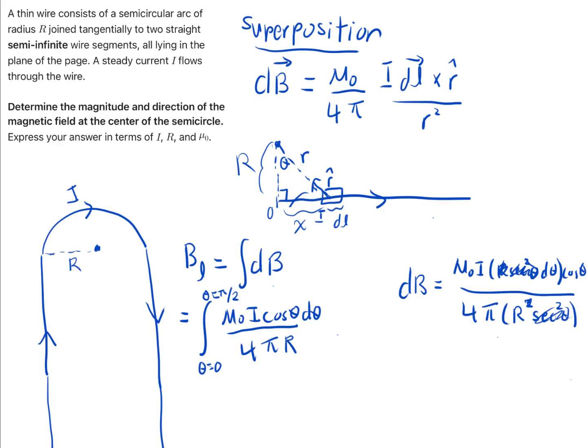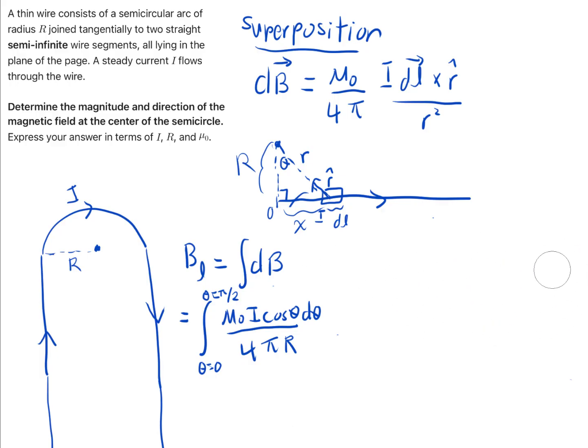So now we can just integrate this here. And in terms of theta, it's a pretty simple integral. mu naught, I, 4, pi, and r are all constants, so they can be pulled out. And then we have our integral from 0 to pi over 2 of cosine theta d theta. The integral of cosine of theta is sine of theta.